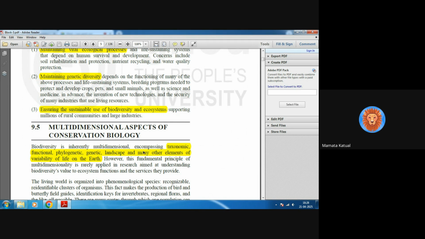Because the human population is growing, and human beings need many natural resources, biotic and abiotic resources, for different purposes, industries, food.